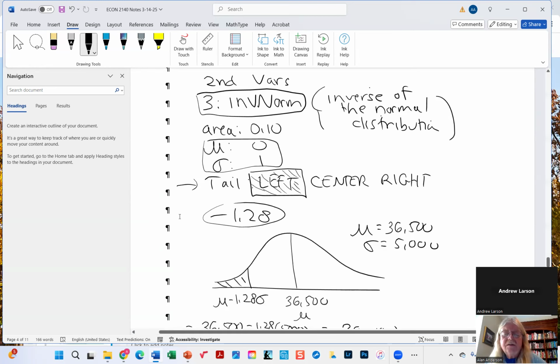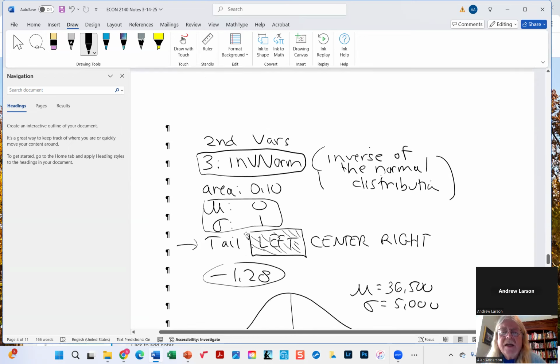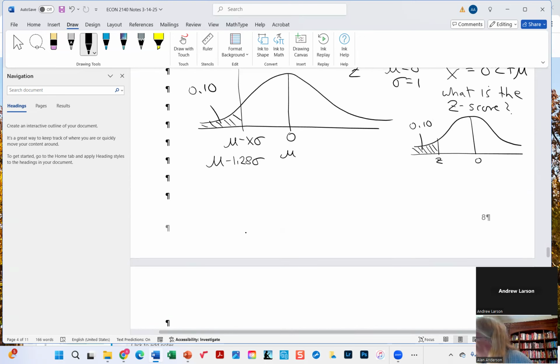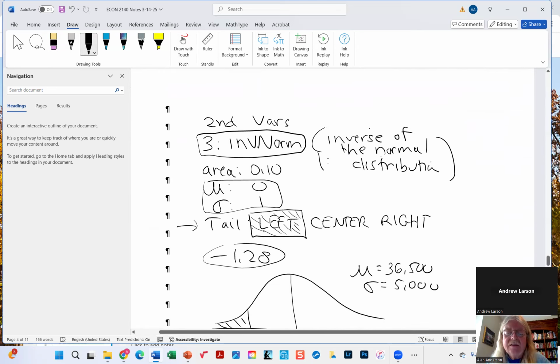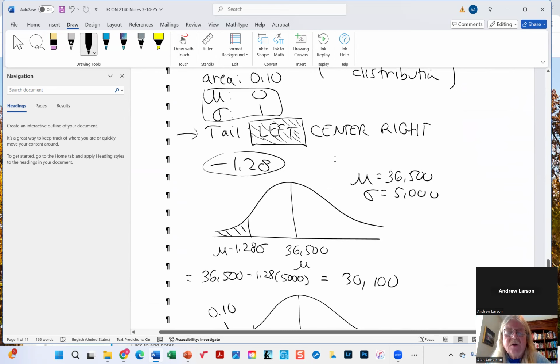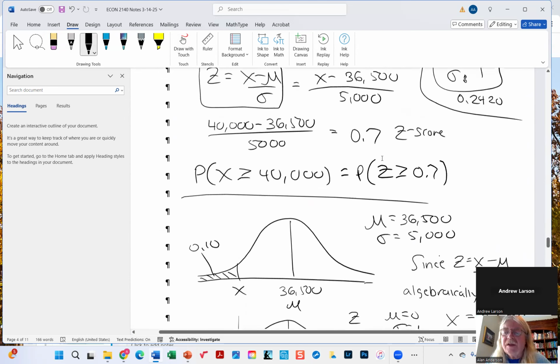And so that means that this area of 10% corresponds to a z-score of negative 1.28, which in turn can be interpreted as 1.28 standard deviations below the mean. Now we can calculate the answer to our question. So remember this formula I derived for you up here.